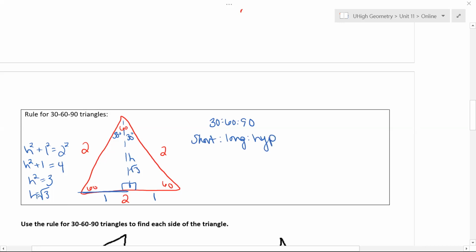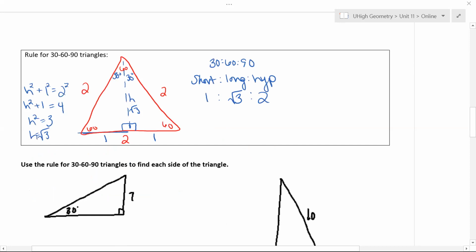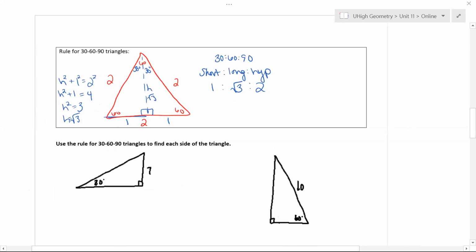Well, if my short leg is 1, so my bottom one is 1, my hypotenuse is going to be 2, and my height, or my long leg, is going to be root 3. So my legs are in a ratio of 1, 2, and root 3. So let's use that ratio to solve these two triangles.